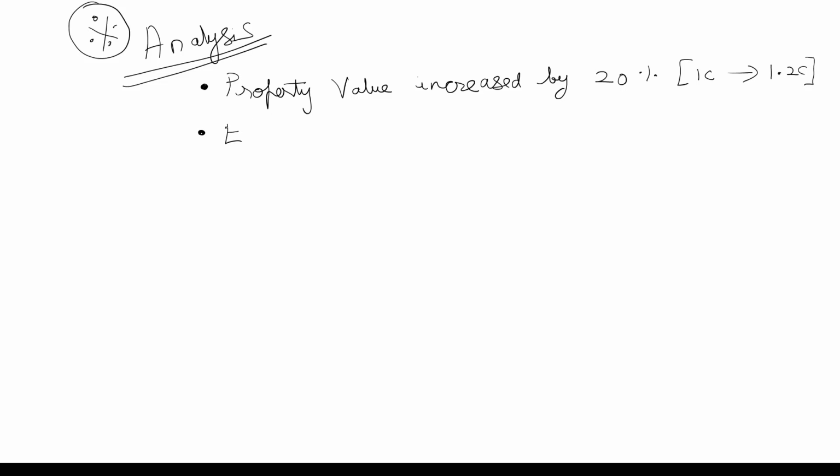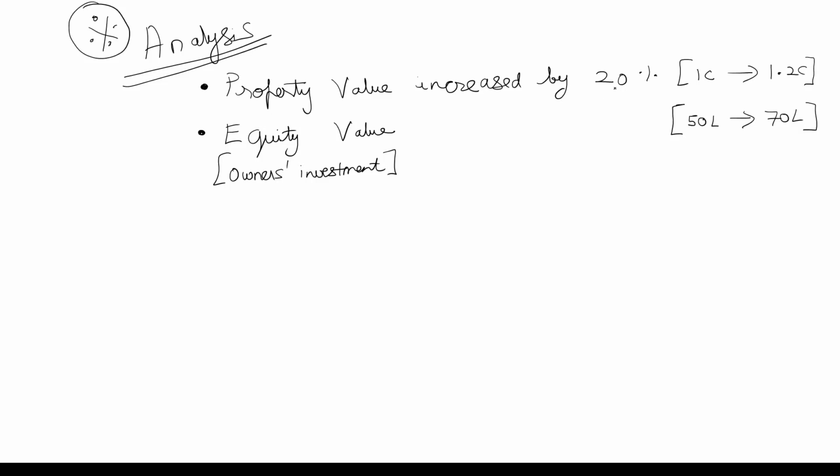What happened to the equity value? When I say equity value, again, it is the owner's investment. What happened to the owner's investment value? That went up from 50 lakhs to 70 lakhs.